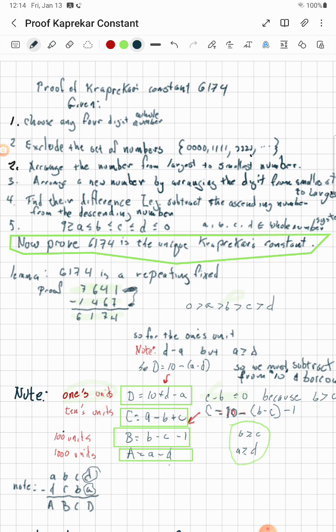I have to borrow 1 from here, you see it? So this is what this equation is about. It's going to be D minus A, where D gets 10 borrowed, so D plus 10 minus A.